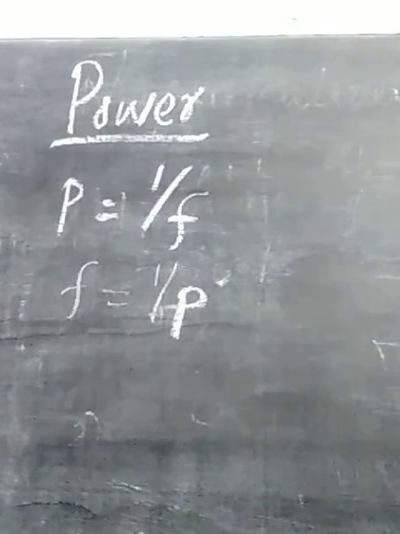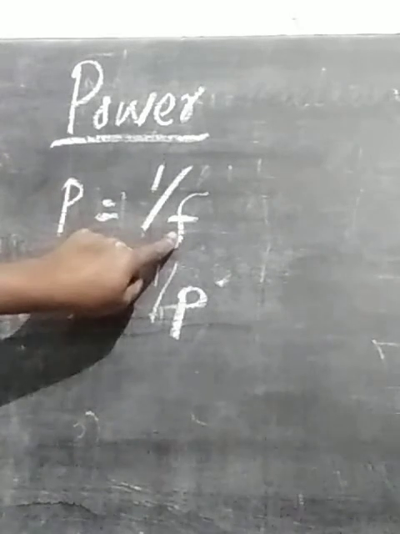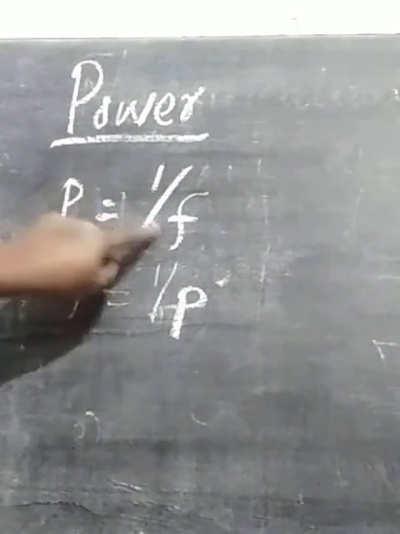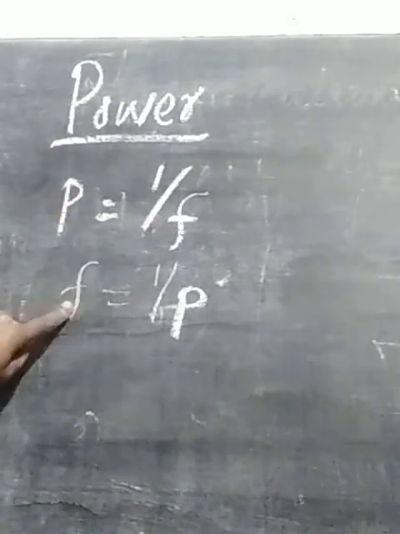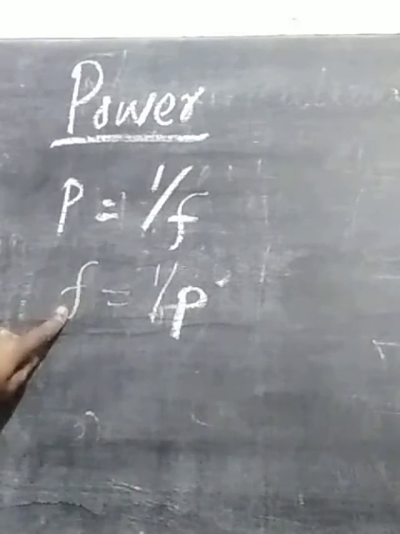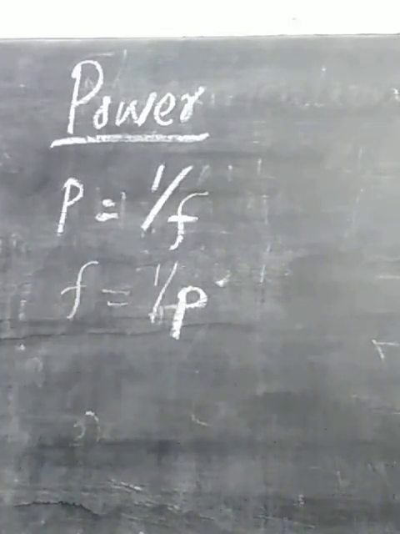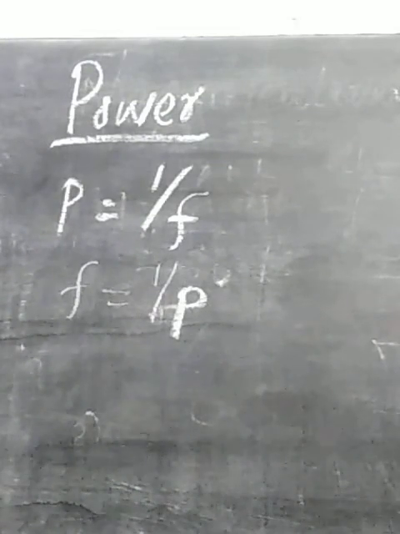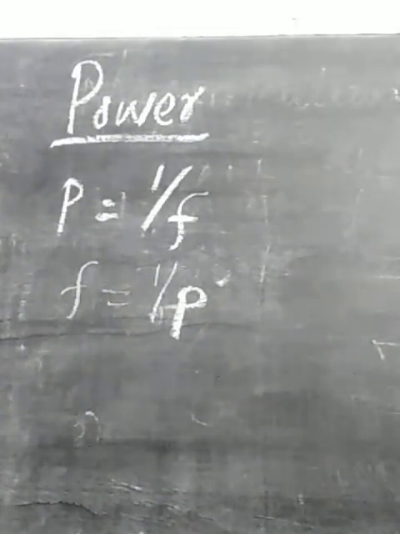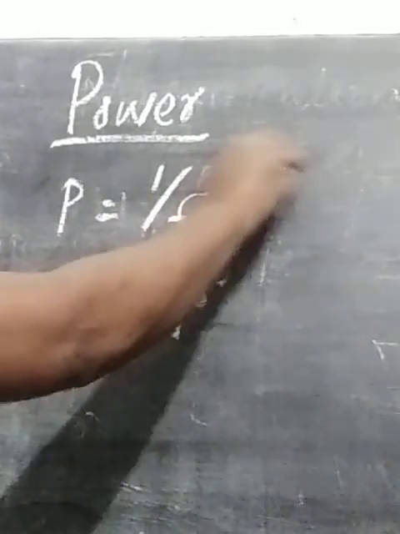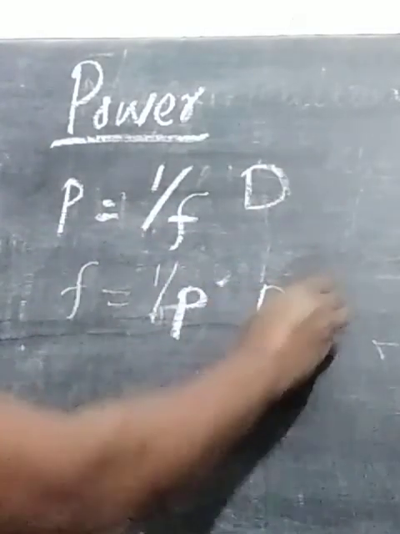And by knowing this, suppose you are given the focal length, we can find power by using 1 by F. And if you are given the power and asked to calculate the focal length, that is also possible with the help of the second equation of power. So by using the equations, we can easily find the focal length out of power, or power out of focal length. And it is expressed in the unit of diopter.